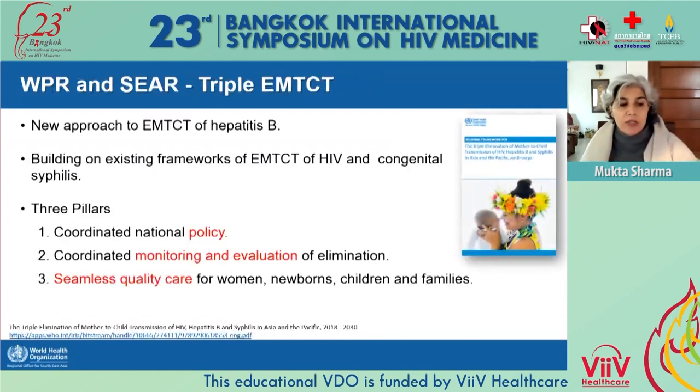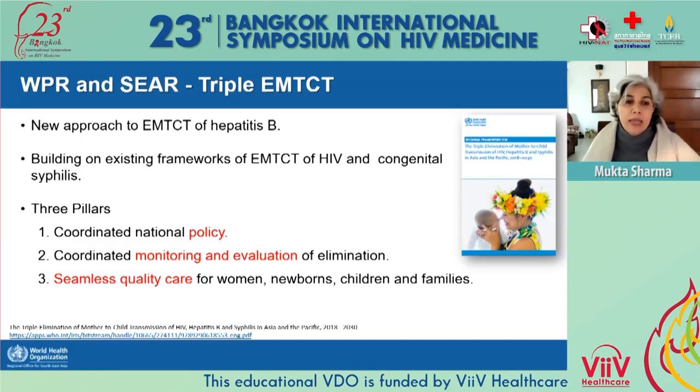The next area of integration I want to talk about briefly is what we call triple elimination. This is something we're pushing for in the Western Pacific region, as well as the Southeast Asia region of WHO. And we are bringing together the approaches of eliminating mother-to-child transmission of HIV, congenital syphilis, as well as hepatitis B. And this has three pillars.